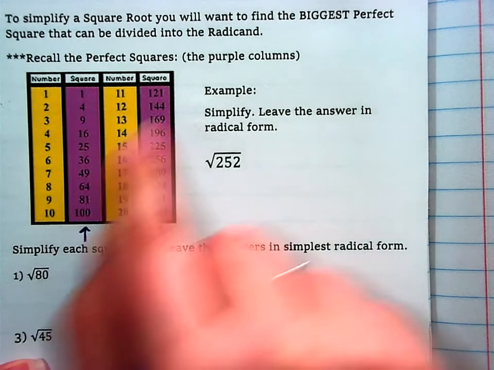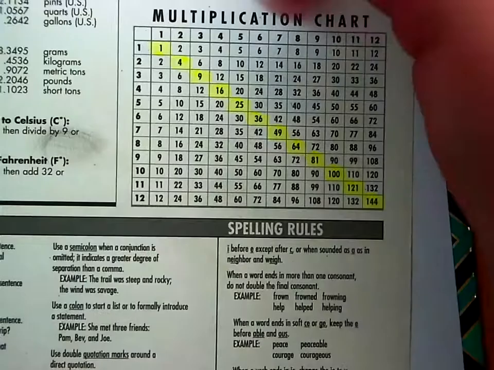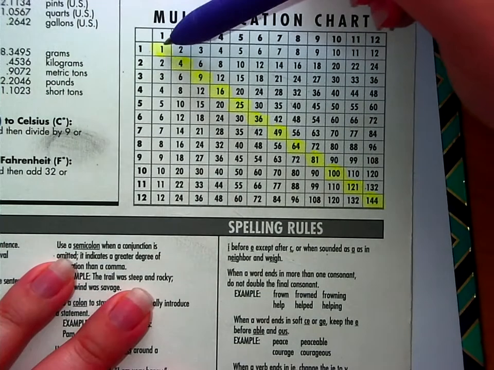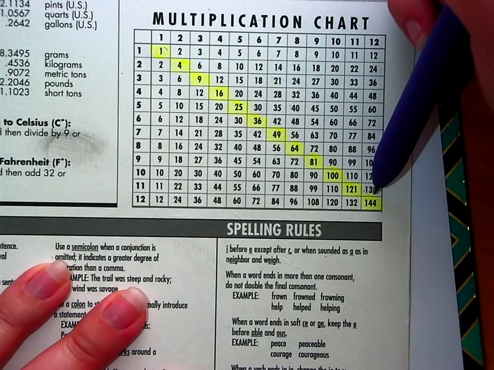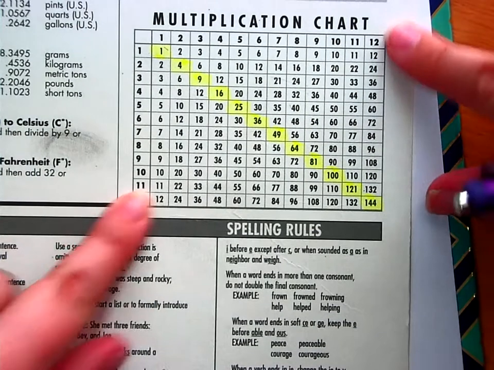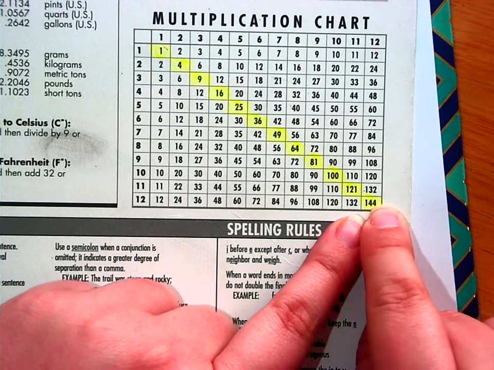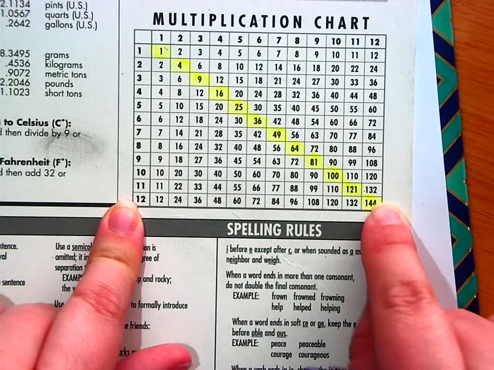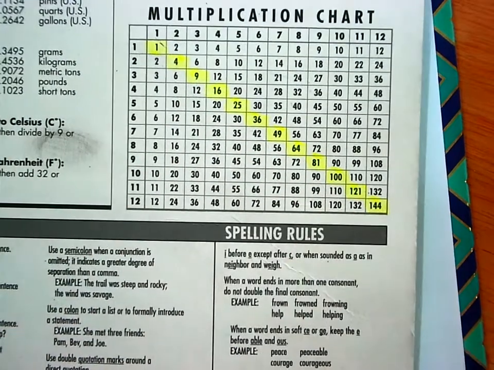So these are called the perfect squares. You also have them in the very back of your notebook. So if you look at your multiplication chart, the diagonal of that chart is all the perfect squares. So 12 times 12 makes 144. If you were to square root 144, you will go back to 12. So these are also the square roots, or the perfect squares.